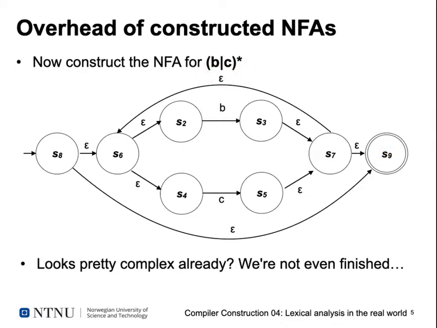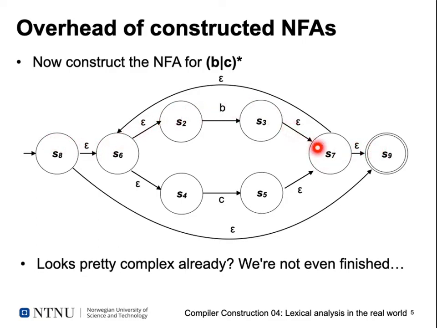If we want to match strings with at least one character, we need to go to the other transition here, and we've already seen this inner construction we've built, and now we have to enable repetition here. So we can go from S7 to an accepting state.